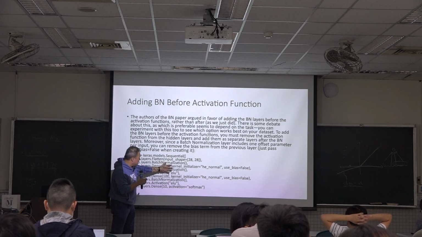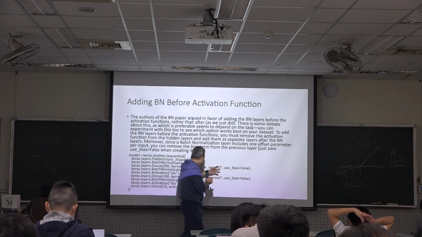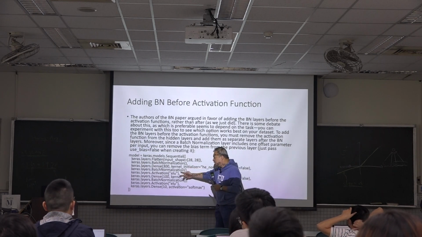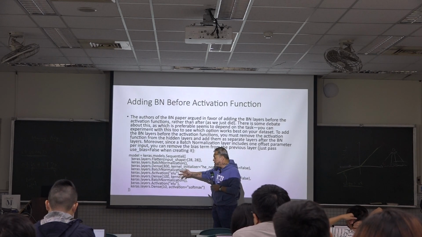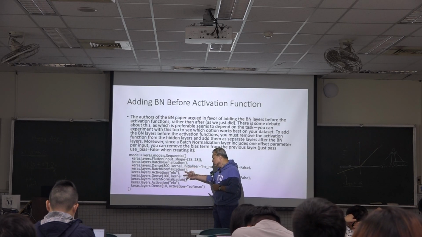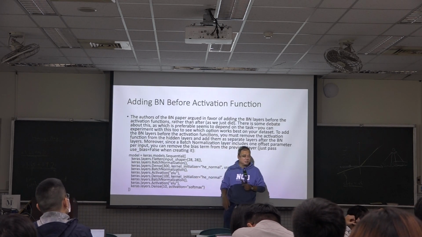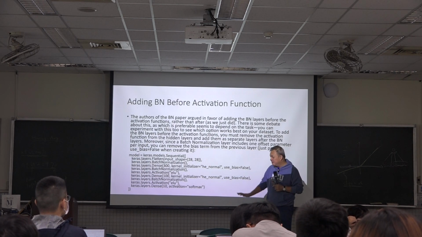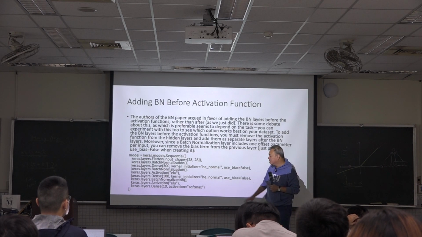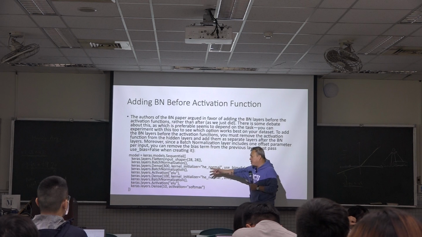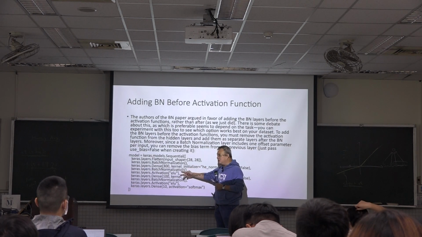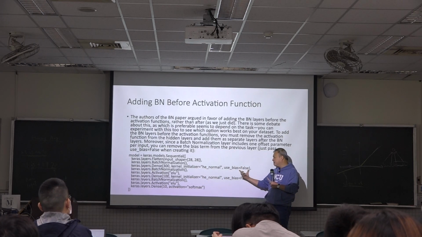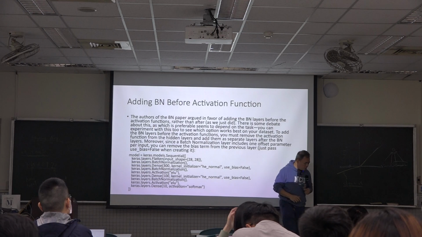You don't use an activation function, because you want to apply batch normalization before you apply the activation function. So this is if you want to implement exactly what the 2015 paper by Ioffe suggests. You apply batch normalization and then activation, batch normalization and then activation. But here, you need to use bias equal to false, if you want to do it this way.